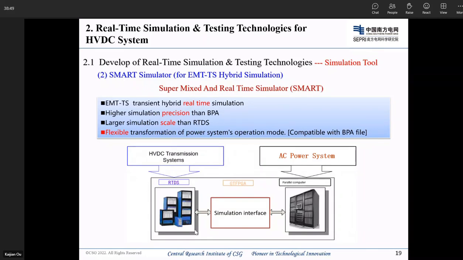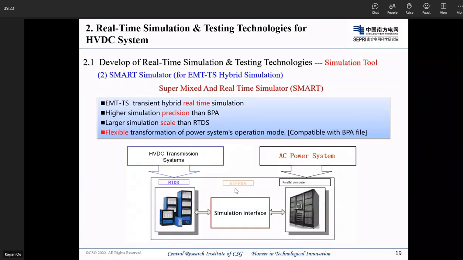We use RTDS to simulate the HVDC system, and HVDC is in EMT simulation. But for the AC system, we use TS simulation. Then we can simulate many large AC systems.